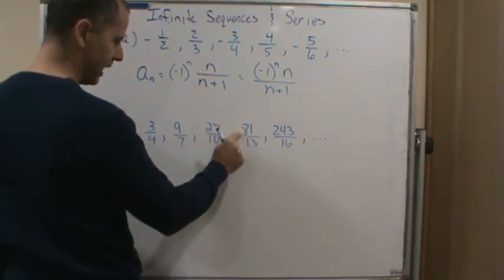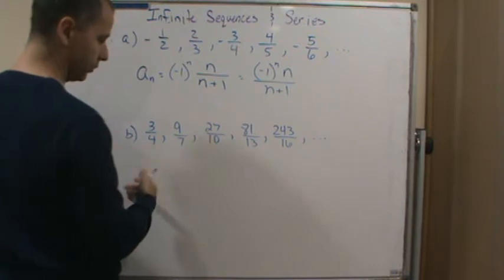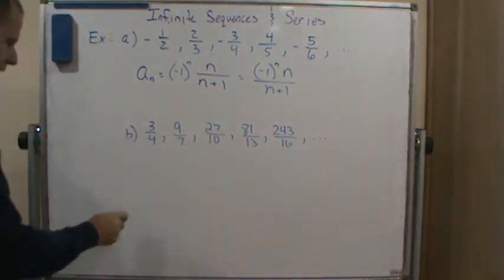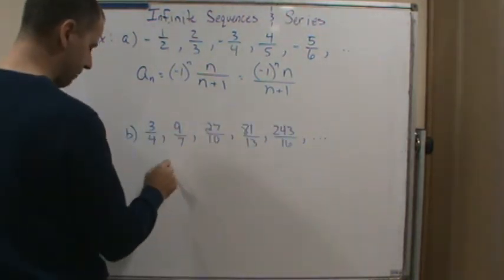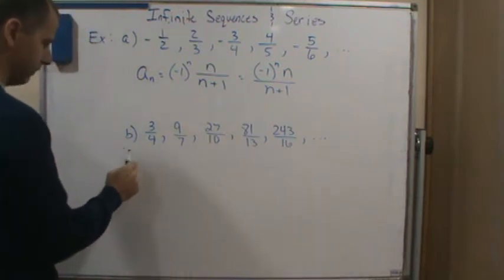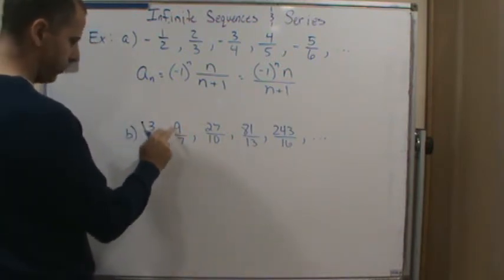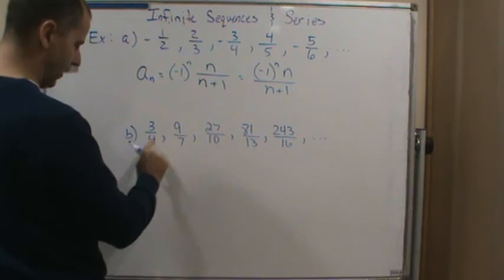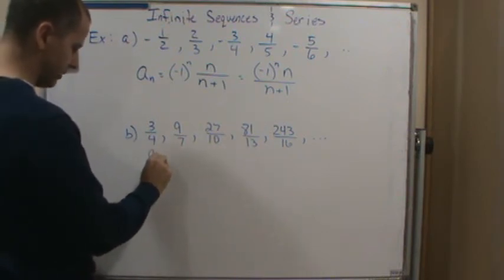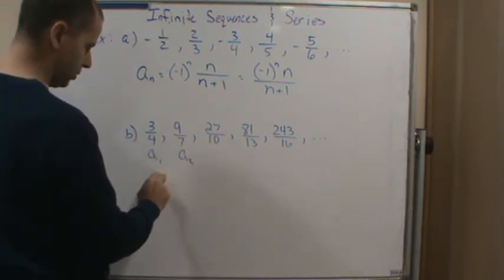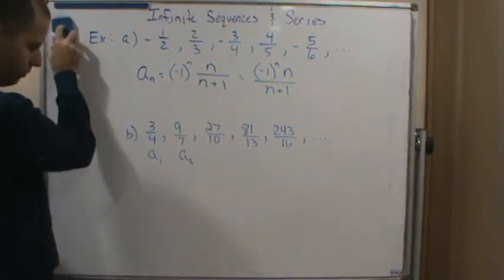And then 3 times 81 is 243. So yes, and again, if it keeps going this way, then the top is going to be powers of 3. So this is 3 to the 1, 3 to the 2, so it follows n. So again, if this is a sub 1 and a sub 2, it follows n, right?